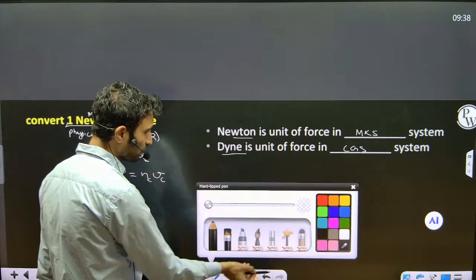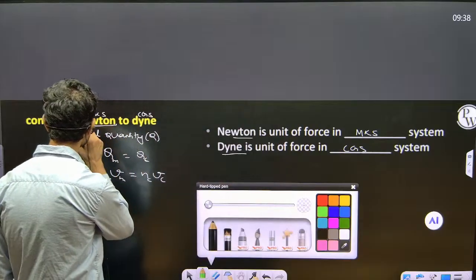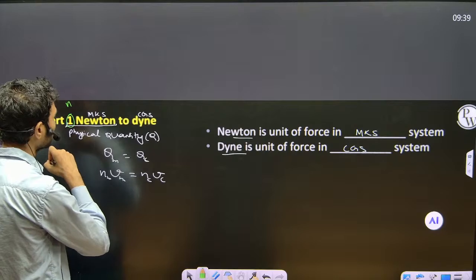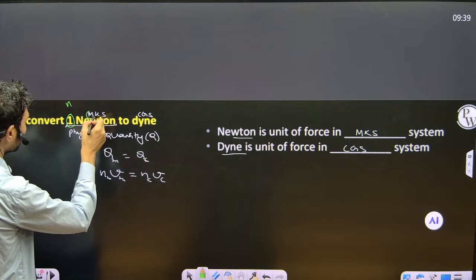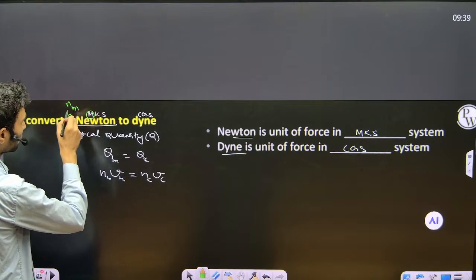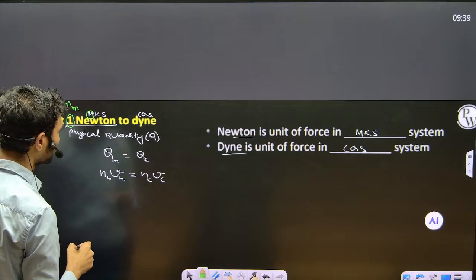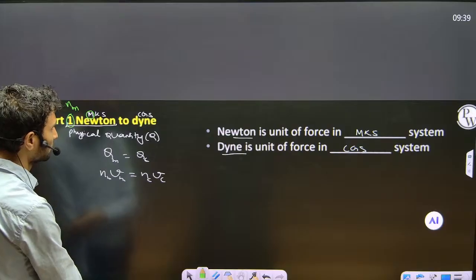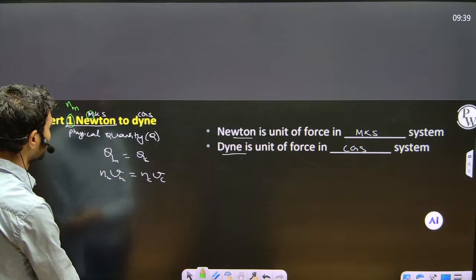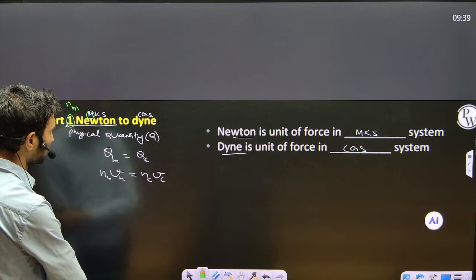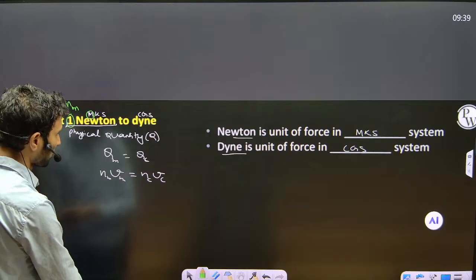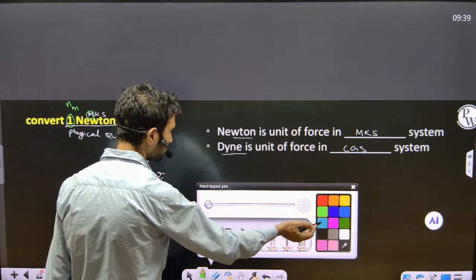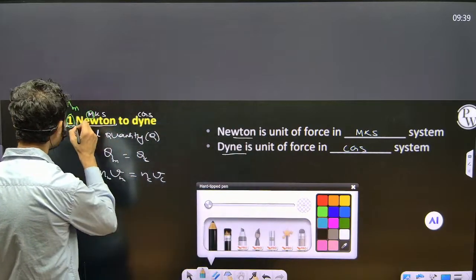Now, can you tell me what is this? What is this 1? This is a number written in which system? In the MK system. So that is NM. And what is this?